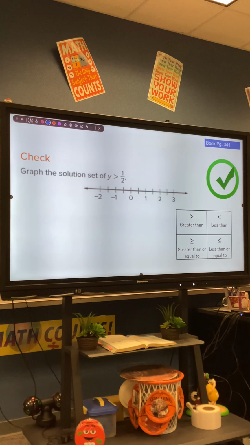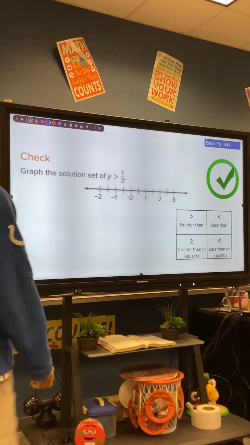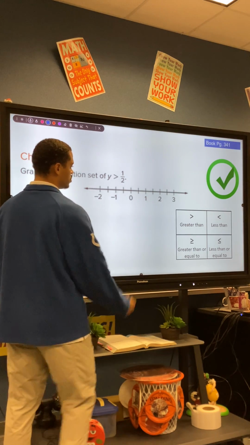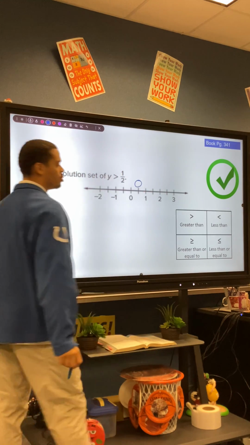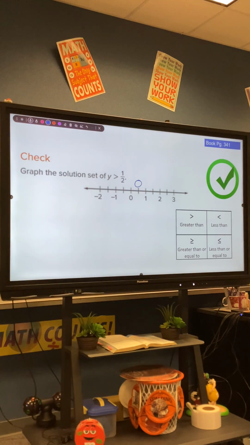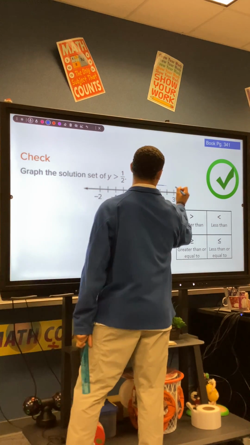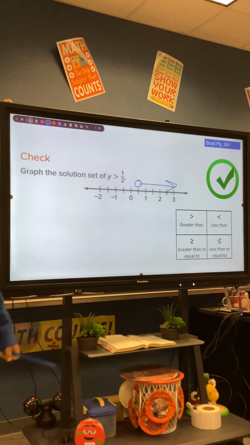Jennifer, how do I graph this one? Is it open or closed? And then which way does my arrow go? Right or left? Look at you. Good job. Look at that. To the right.